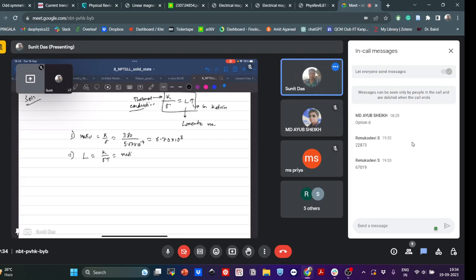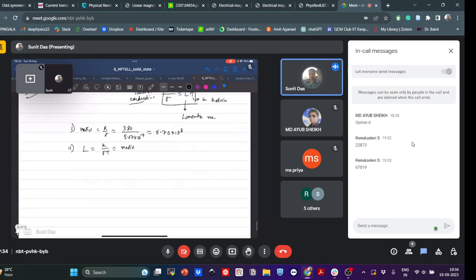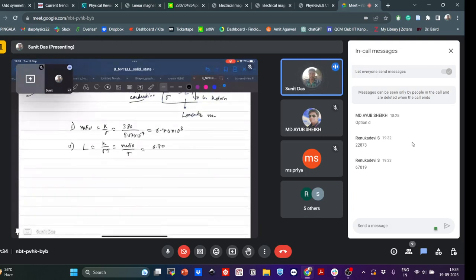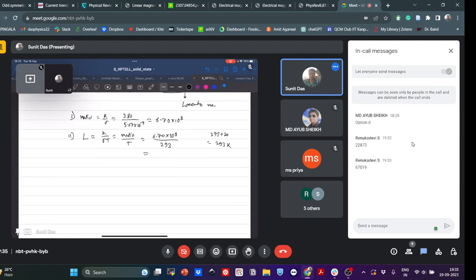The ratio by T. Now 6.70 into 10 to the power 8 by 273 plus 20 Kelvin temperature.